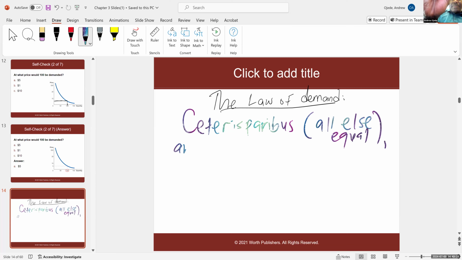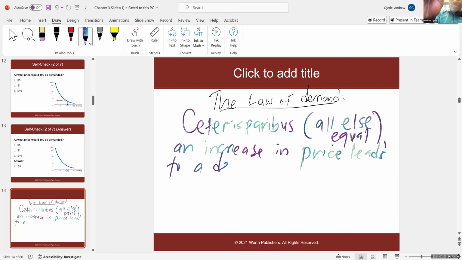An increase in price leads to a decrease in quantity demanded.